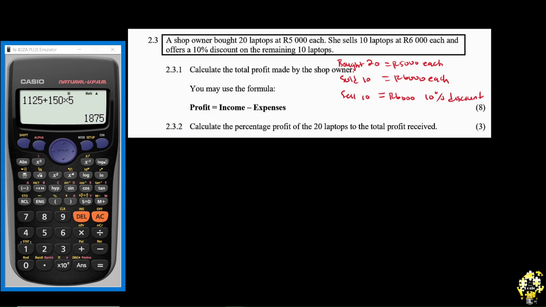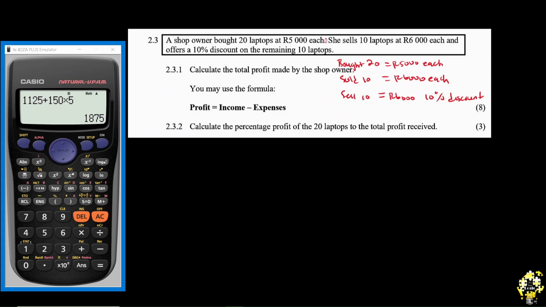Why are we making notes? Always in mathematical literacy, you have to make notes. They allow you to save time, because you do not have to go back to the statement and read things that you do not need. They can ask you, how many laptops has she sold? If you didn't make notes, you would have to start here: a shop owner bought 20 laptops. This is no longer relevant to the question.